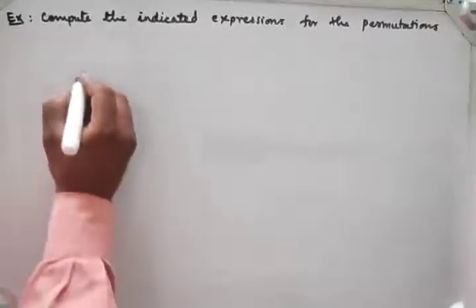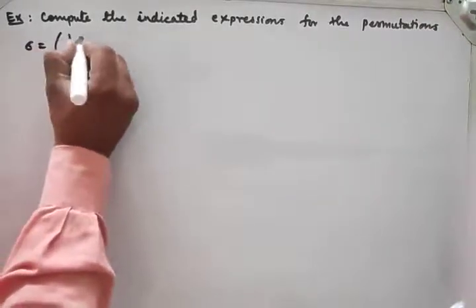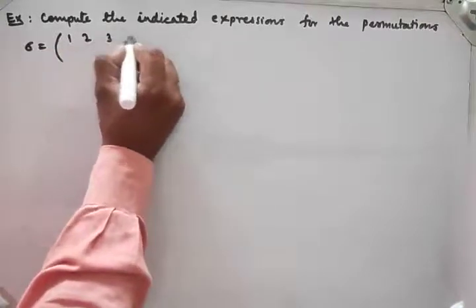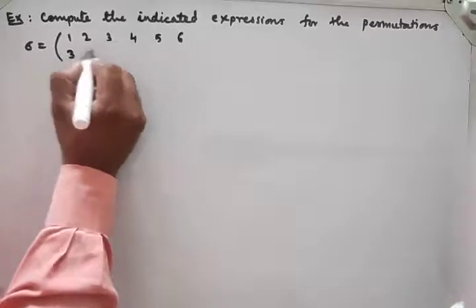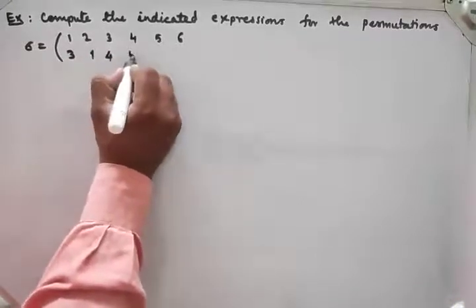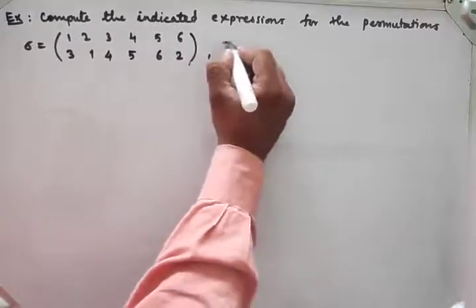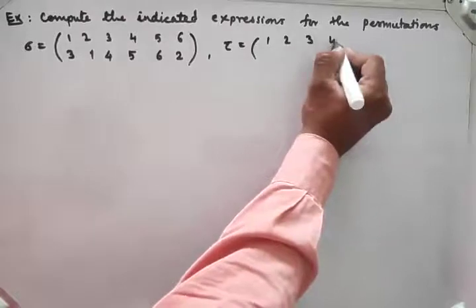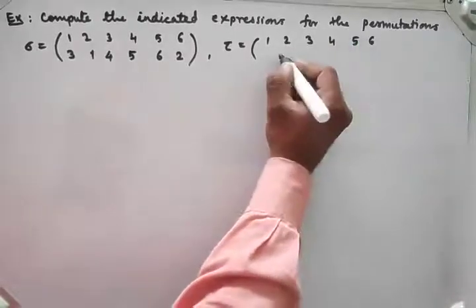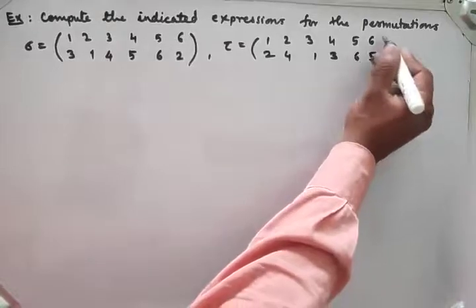The permutations are sigma, defined by 1, 2, 3, 4, 5, 6 going to 3, 1, 4, 5, 6, 2, and tau, defined by 1, 2, 3, 4, 5, 6 going to 2, 4, 1, 3, 6, 5.